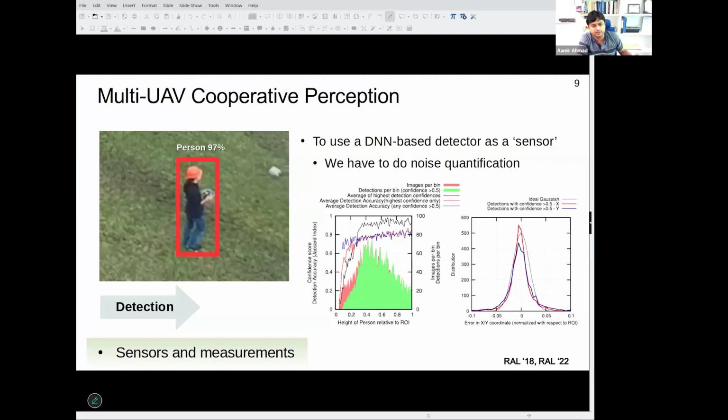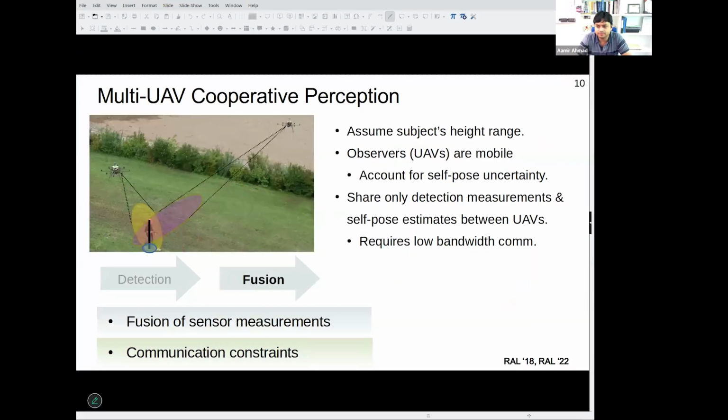Only then was the detector actually giving a correct, positive detection of the person. And we found out, for example, in this scenario, this ratio should be around 0.3 for the detector to provide reliable detections. And this kind of insight, this kind of understanding, also became useful later, as you will see in a moment.